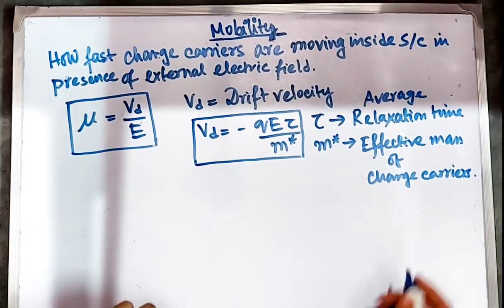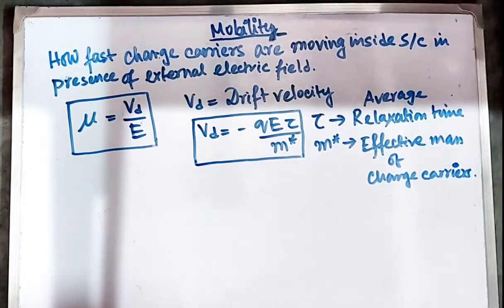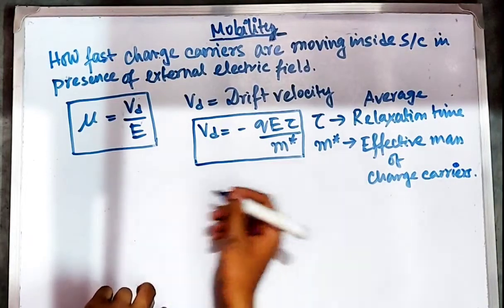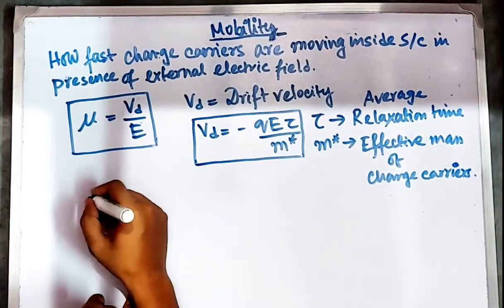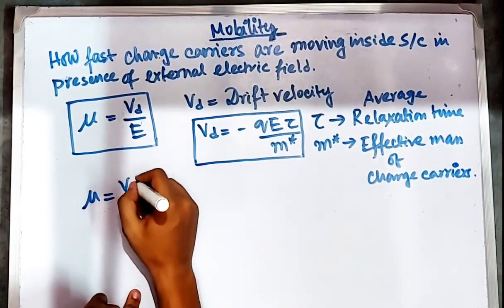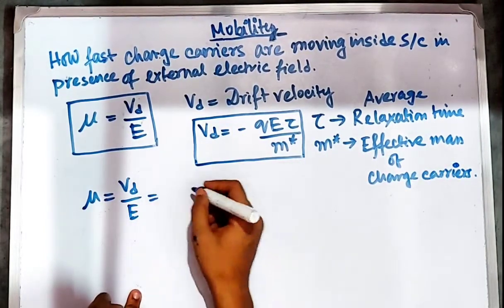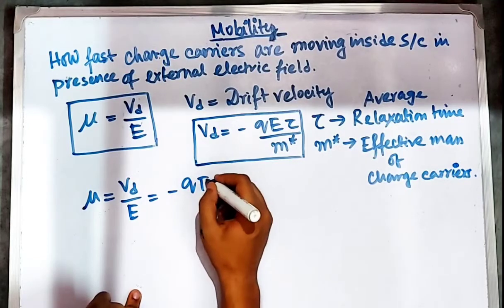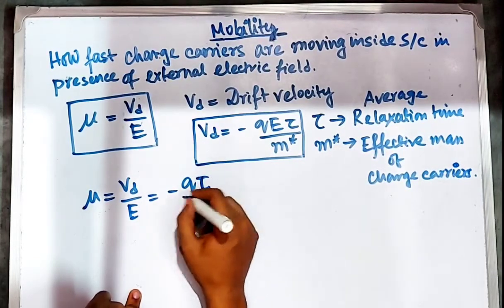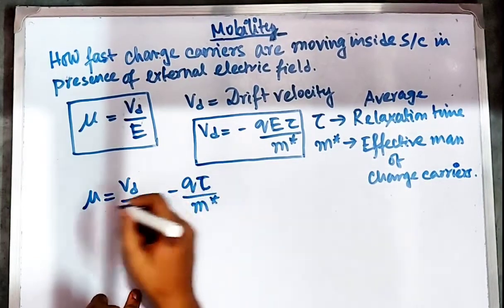So if we define mu equal to Vd by E, it is equal to minus q tau divided by m star.